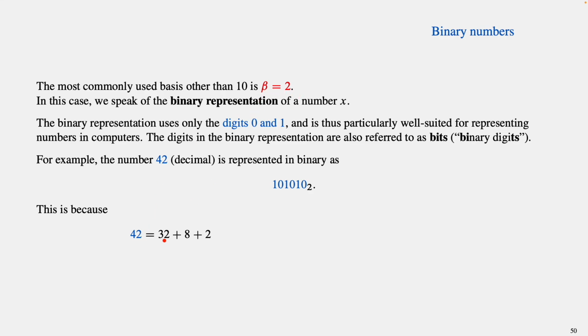So 42 equals 32 plus 8 plus 2, which is 1 times 2 to the power of 5, plus 0 times 2 to the power of 4, which would be 16, plus 1 times 2 to the power of 3, plus 0 times 2 to the power of 2, which would be 4, plus 1 times 2 to the power of 1, and finally 0 times 2 to the power of 0, which would be 1.